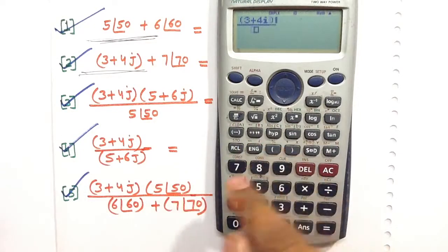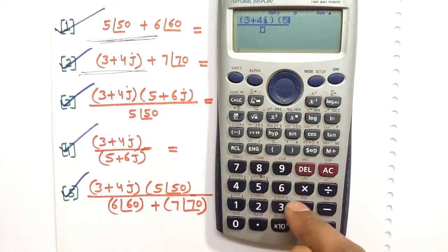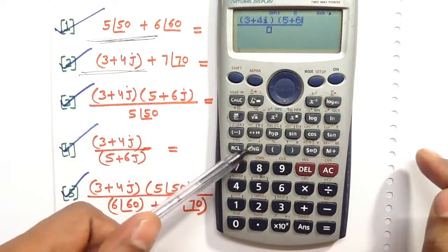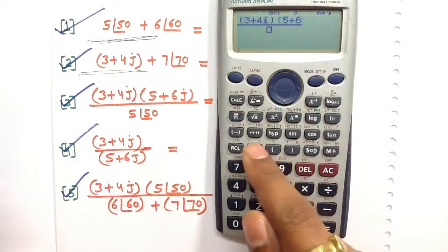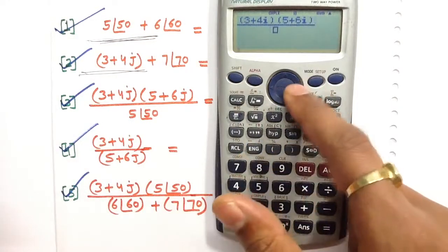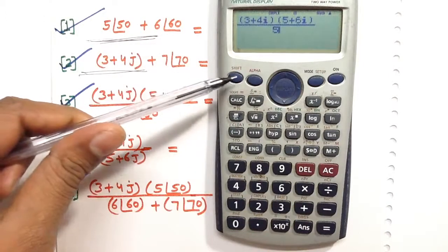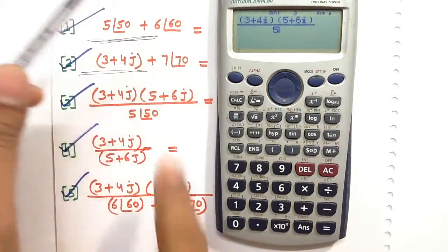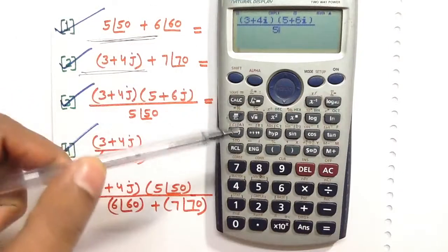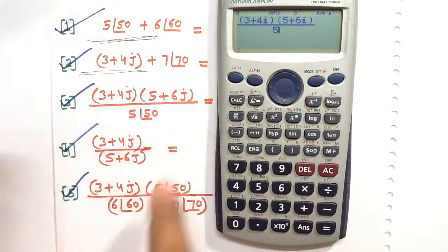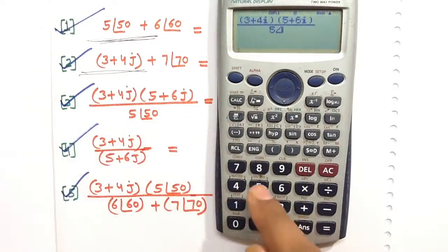Then 5 plus 6J. Then 5, and for angle you have to press Shift, then this button. Then write 50.